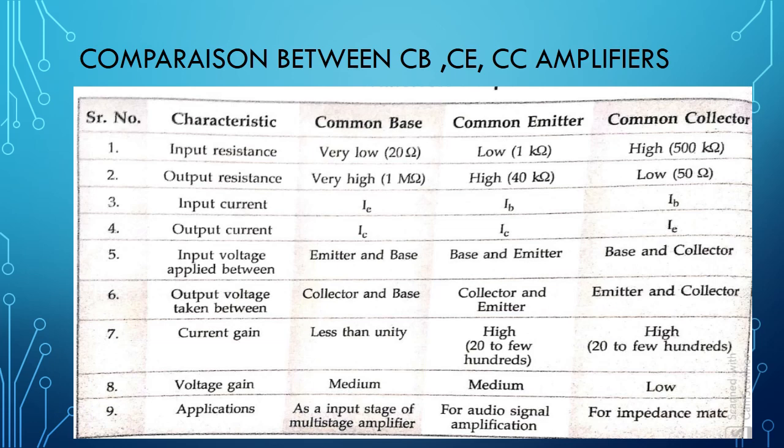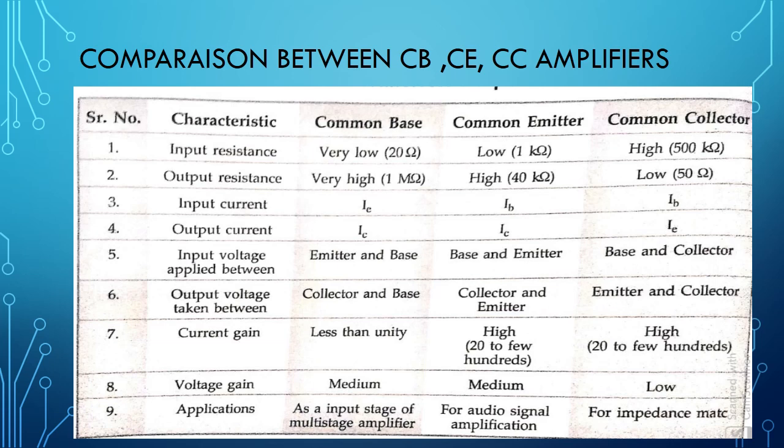Now see the comparison between the single stage amplifiers, CB, CE and CC amplifier. We can compare them by taking some characteristics like input resistance, output resistance, current gain and voltage gain. Basically, first we can go with the input resistance.